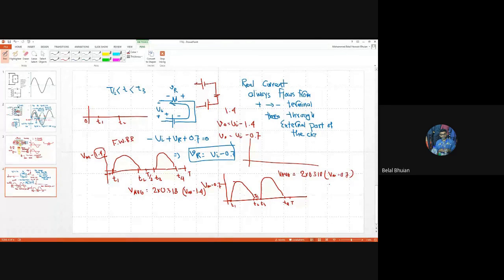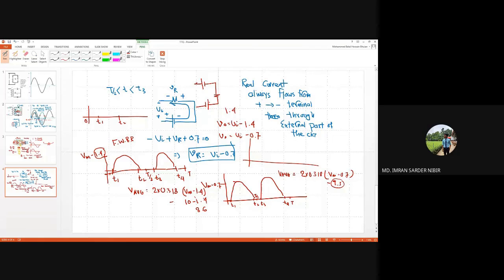Which one is bigger? The first one is smaller, because it's Vm minus 1.4. If you take Vm as 10, then minus 1.4 is 8.6, and minus 0.7 is 9.3. So we get a higher average value for the second one compared to the first.